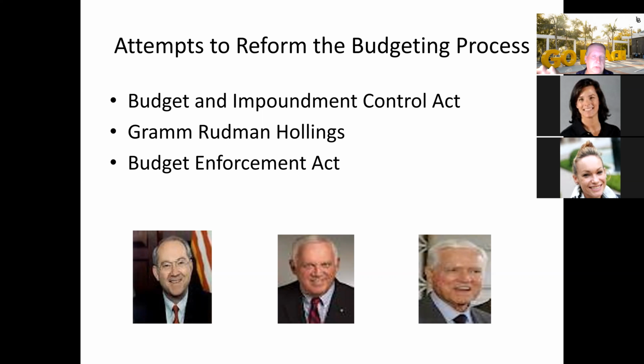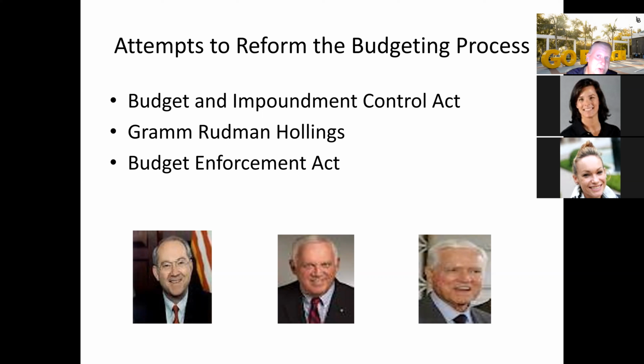We actually had a budget surplus. But then September 11th came along, and when September 11th came along, it plunged us right back into deficit spending. But in the mid-1980s, we were very concerned about these deficits, because not only did we have deficits every single year, but every single year, those deficits were getting bigger and bigger and bigger.